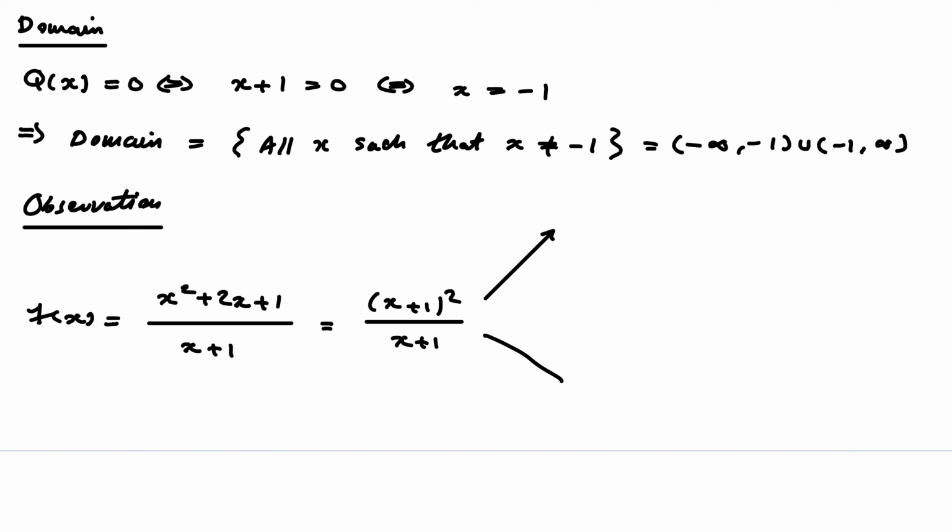So this thing breaks into two situations. One of them would be when x plus 1 is not equal to 0. Okay, so of course, i.e., this is the situation we're in above, x is not equal to minus 1, all good. Then, of course, it simplifies as x plus 1. That's my law of exponents.